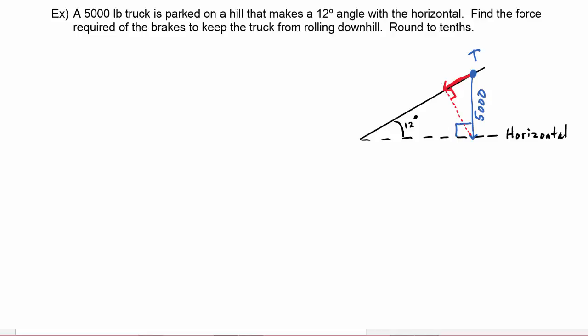And that is the force that's trying to pull the car downhill. So the brakes will have to counteract that force by essentially pulling uphill with an equal but opposite force. So the brakes will have to pull this way. We'll say that vector B is the force required of the brakes.